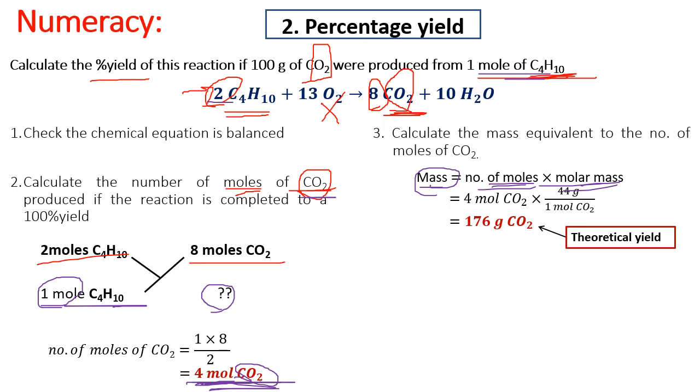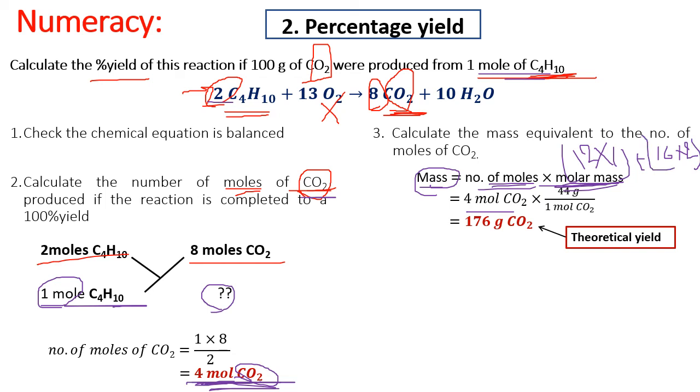Here I have the number of moles equal to 4, and I will need to know the molar mass of the carbon dioxide. So it's 12 times 1 plus 16 times 2.